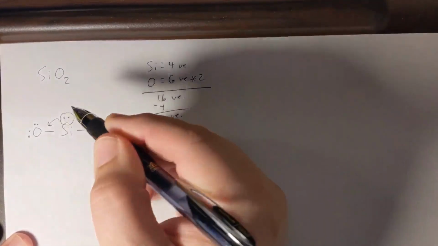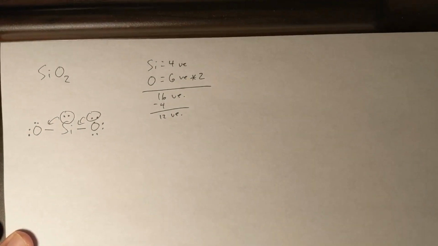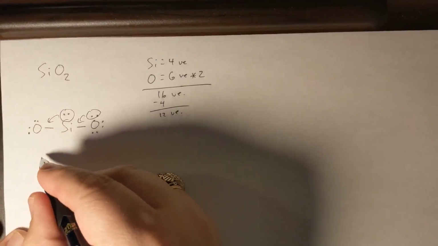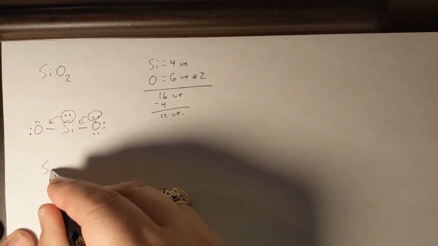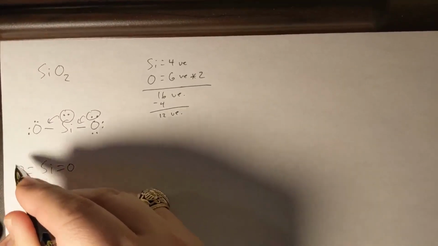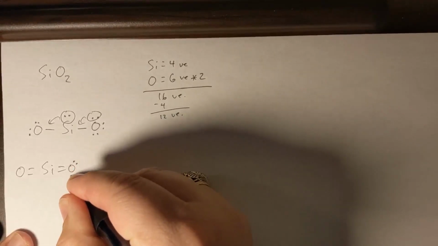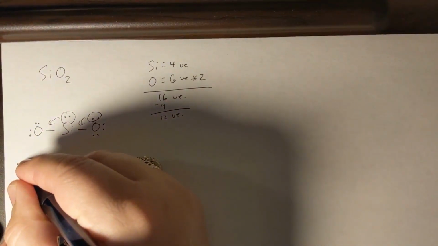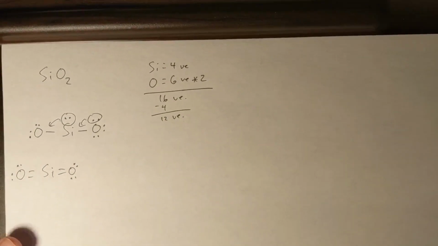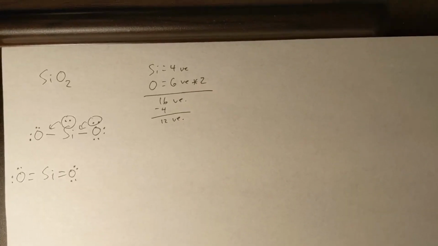So we'll move that lone pair here. We'll move that lone pair in because remember each oxygen only wants to have 2 lone pairs. And so we'll have Si double bond O with our lone pairs on the oxygens. So that gives us our Lewis structure, and that's going to be useful for us to figure out the symmetry for our molecule.